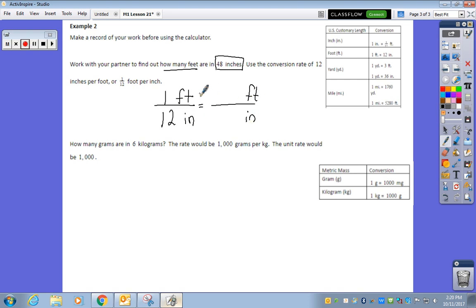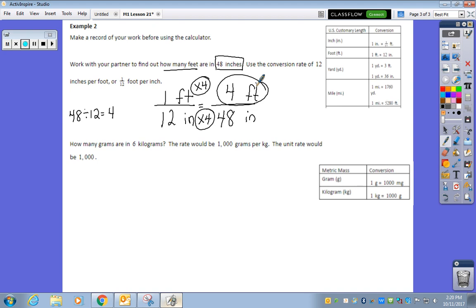They're telling me I'm trying to find for 48 inches, so next to inches I'll put 48. I need to figure out what I multiplied 12 by to get 48. I can do 48 divided by 12, which is 4. So 12 times 4 gave me 48 inches. 1 times 4 tells me that 48 inches is equal to my answer of 4 feet.